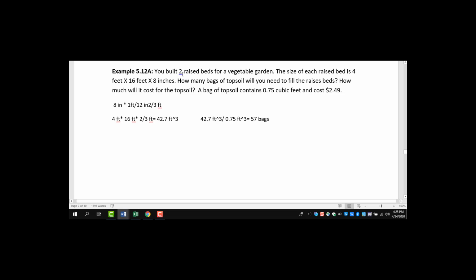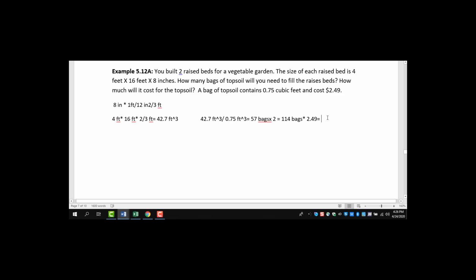And since I want to build 2 raised beds, I need twice that many, which is 114 bags of topsoil. Each bag costs $2.49. So I multiply that and I get 283.86.